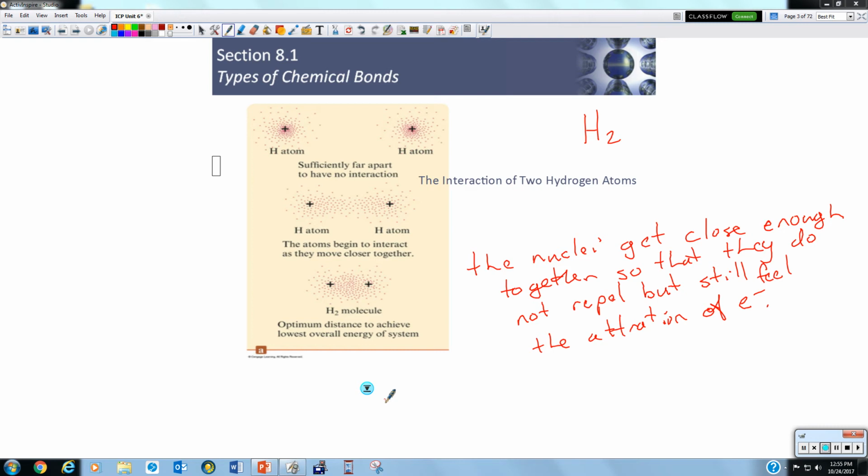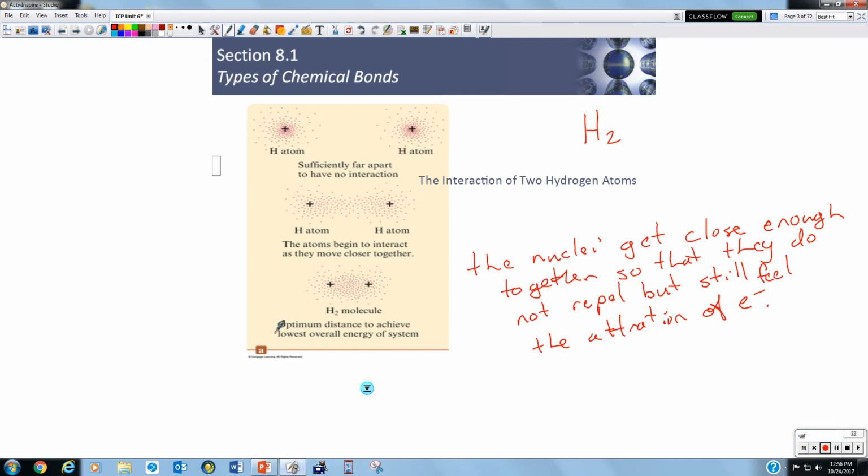Whenever elements are bonding, like hydrogen bonding with hydrogen, the nuclei are getting close enough together so that they do not repel each other, but they still feel the attraction to the electrons of the other atom. So we're looking at this distance here, and notice that the most dense region of possible electron activity is in between the two elements, because that's that buffer that's causing that attraction.